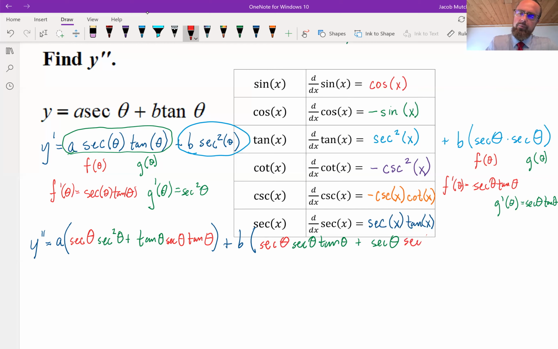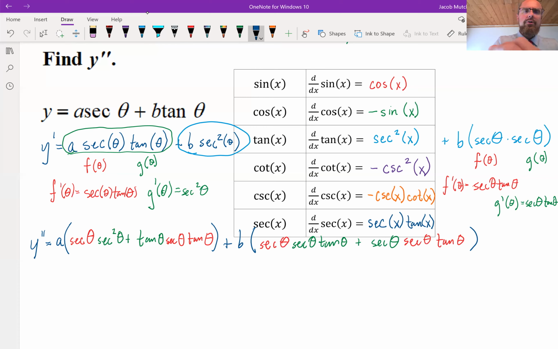So again, no surprises, those are identical terms. And as I face this now to simplify, I want to think, how can I simplify this in a way that will be good to record?